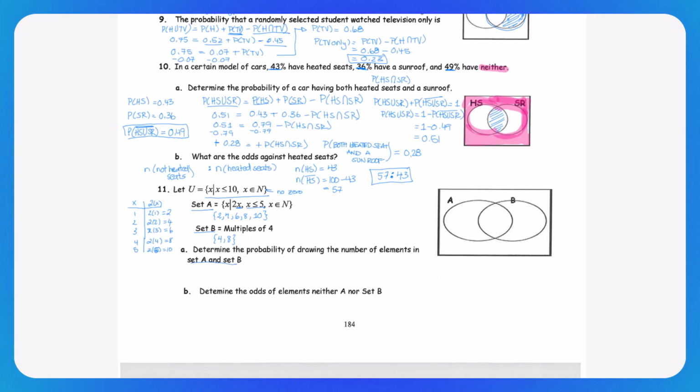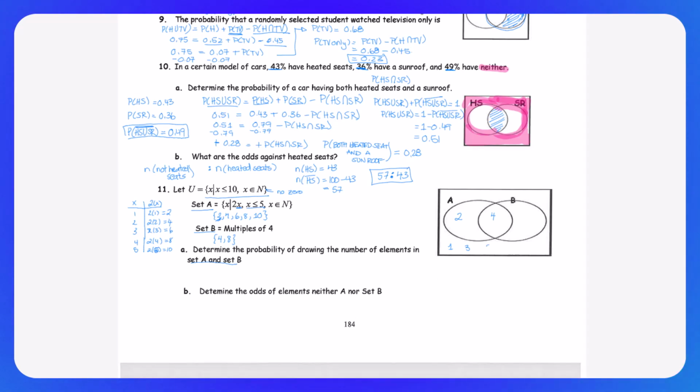Okay, well, let's put the numbers in our Venn diagram over here. Number 1 in the universal set is not in either, so we're going to put it there. Number 2, however, is only in set A, so we're going to put 2 here. 3 is in neither A or B, so we put it there. 4, however, is in both, so we're going to put it in the intersection.